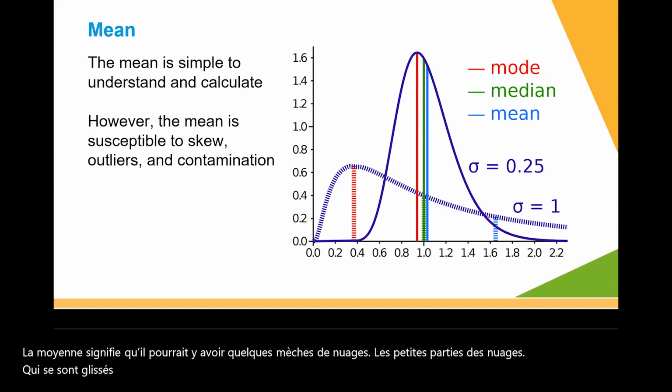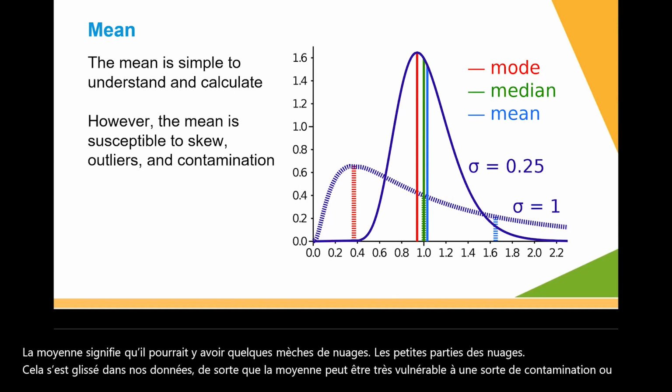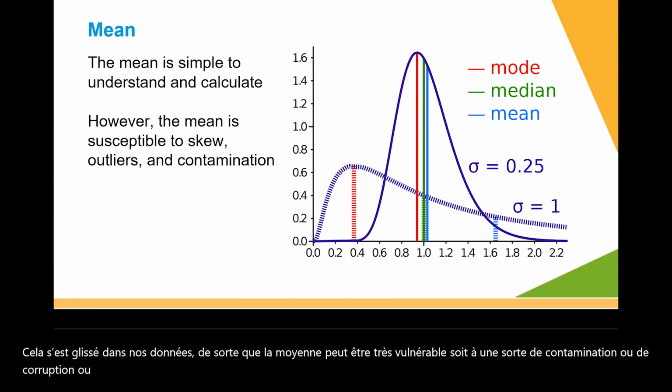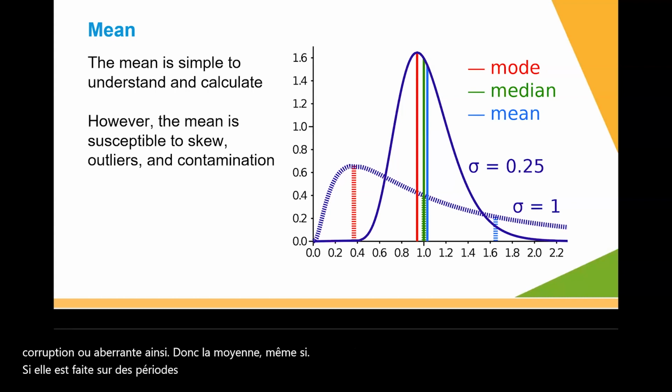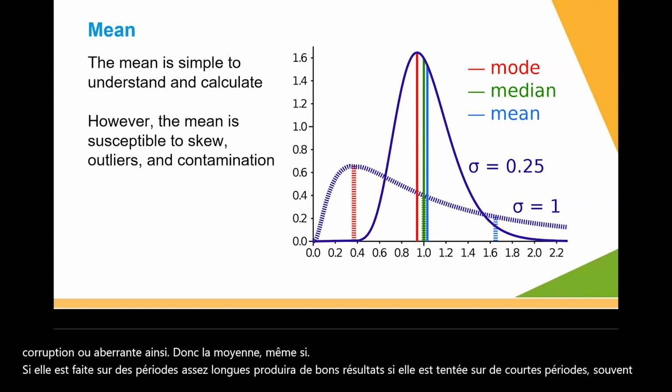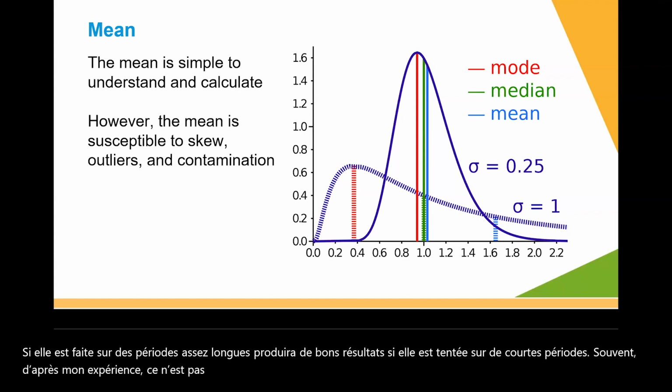So the mean can be very vulnerable to contamination, corruption, or outliers. Even though the mean, if done over a long enough time period, will produce good results, if attempted over short periods, in my experience, it often does not produce results that are that great.